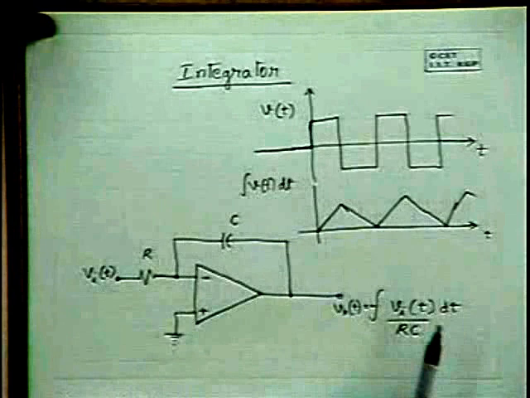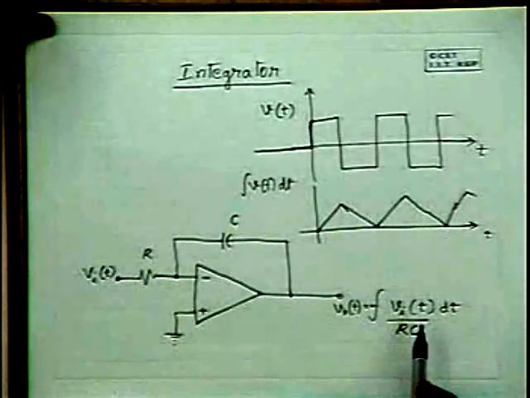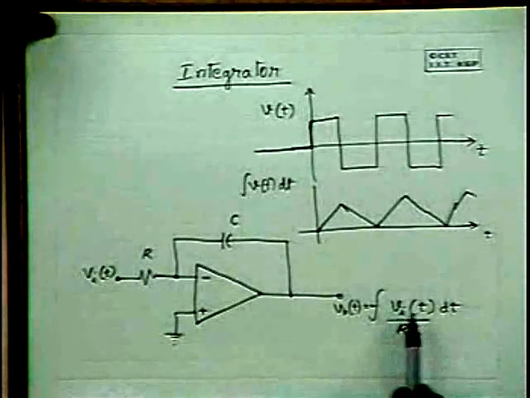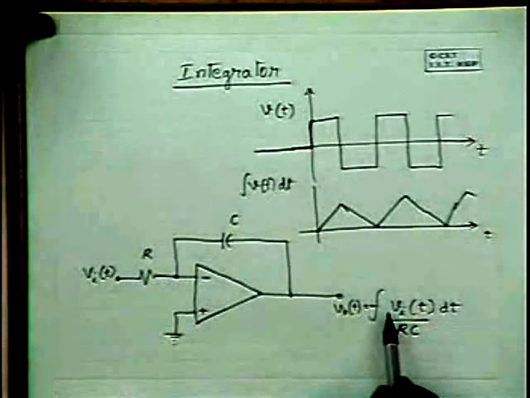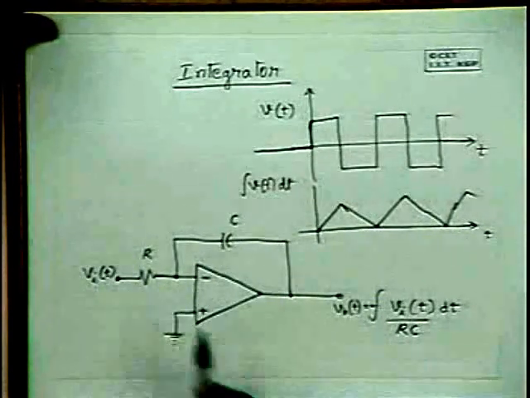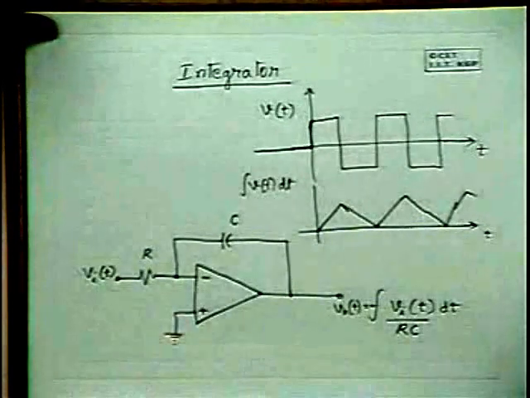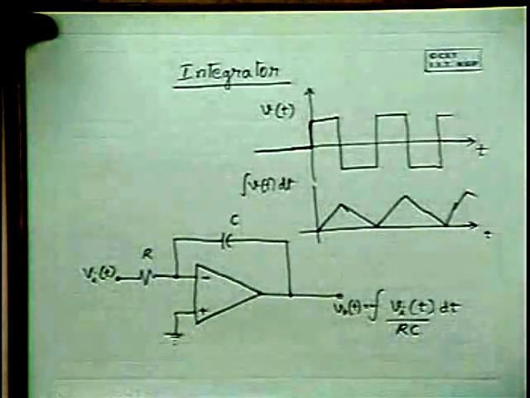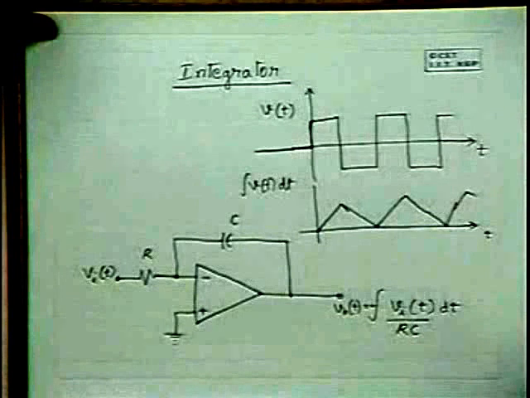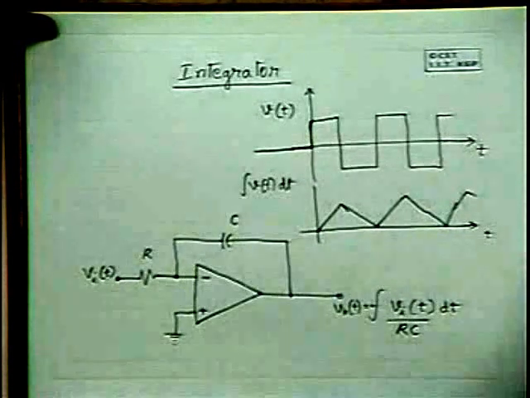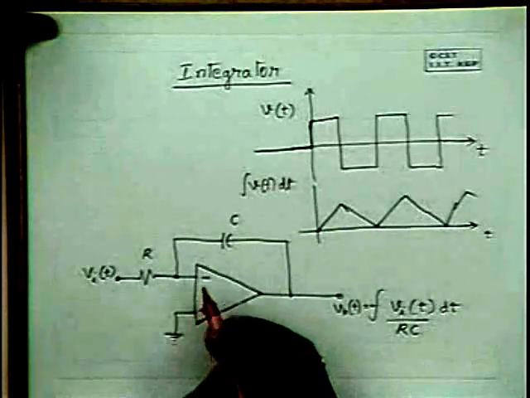So except for the negative sign and the proportionality constant, it gives you the integrated output. It can be very easily shown that this circuit can act as an integrator. So let us now analyze this circuit and show that it acts like an integrator.